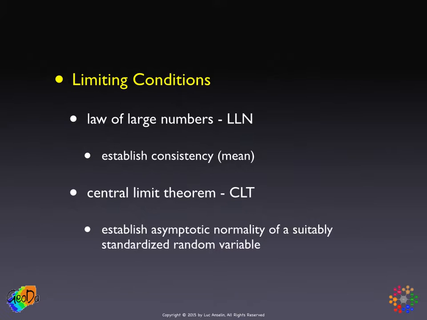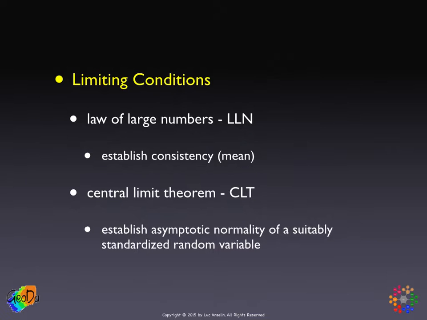And the central limit theorem quantifies the way in which this happens by proving that some transformation of some standardized random variable, typically subtracting the true mean value and standardizing by some measure of variance or square root of the variance, this entity, which is a random variable, follows a normal distribution, and that is then called asymptotic normality.